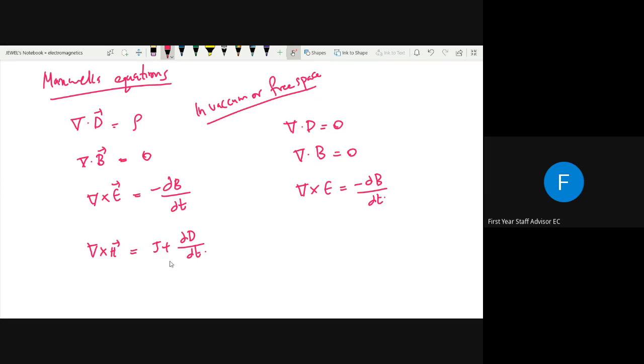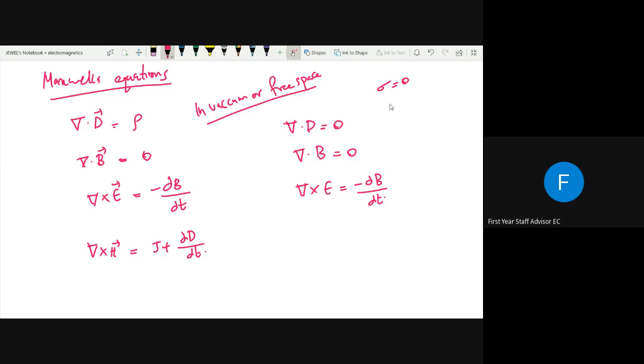But rewriting the fourth equation, we take the fact that when rho is equal to 0, that means if the charge density is 0, if no charge is present in vacuum or free space, then the conductivity sigma is equal to 0. If there is no charge, then we can define a conductivity there. So sigma equal to 0.